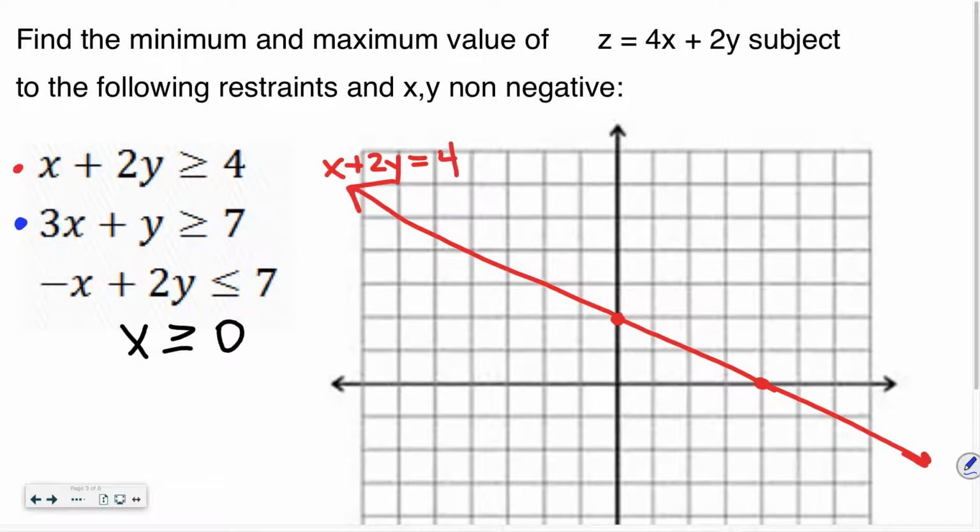3x plus y equals 7. Well, what's our y-intercept? 7. Okay? But our x-intercept is what? 7/3?